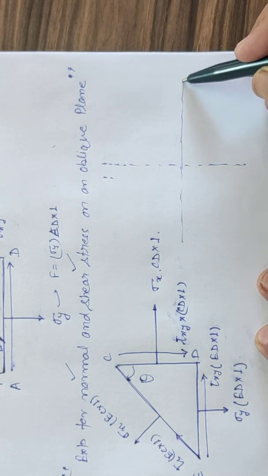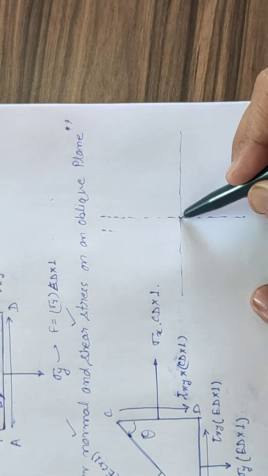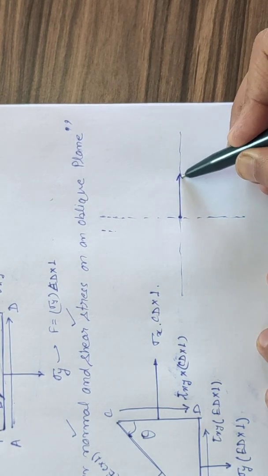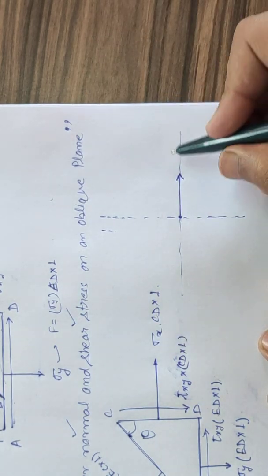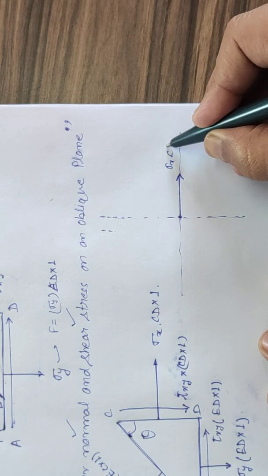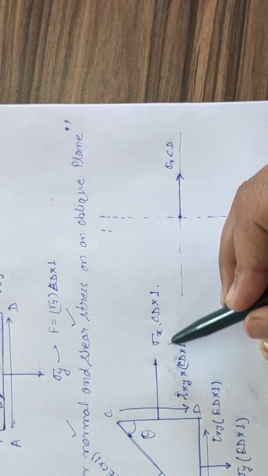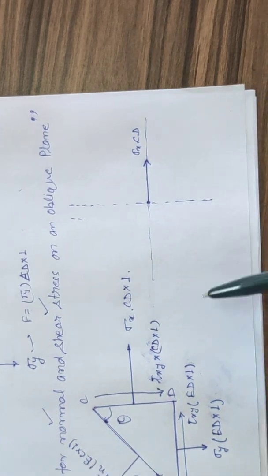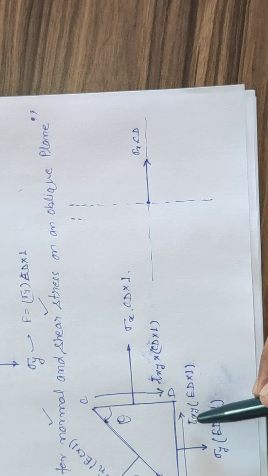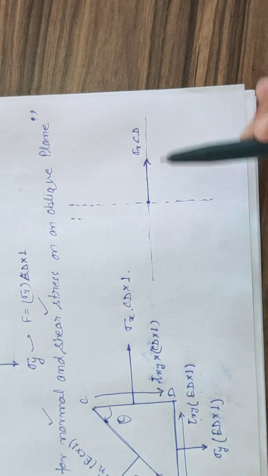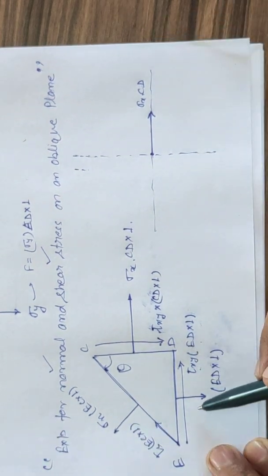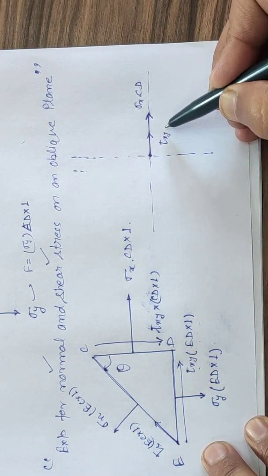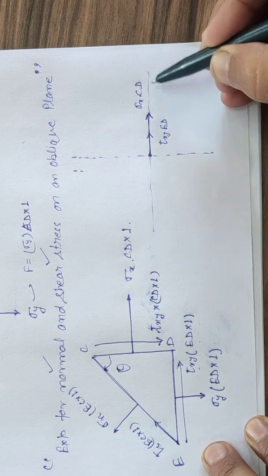Due to sigma x, the force is sigma x multiplied by CD, and another force acting in the x direction is tau xy into ED.